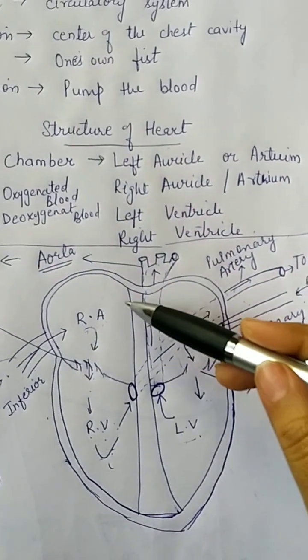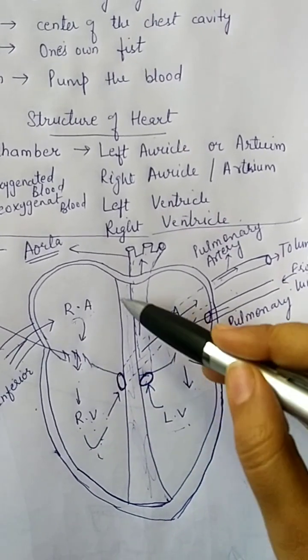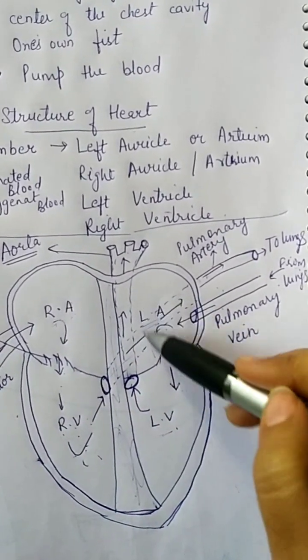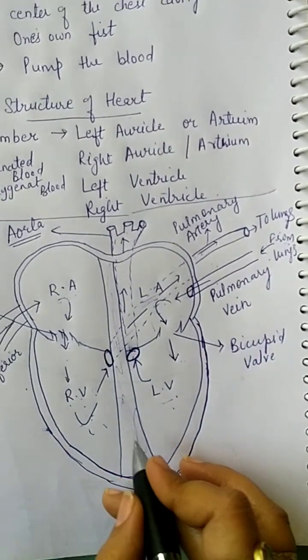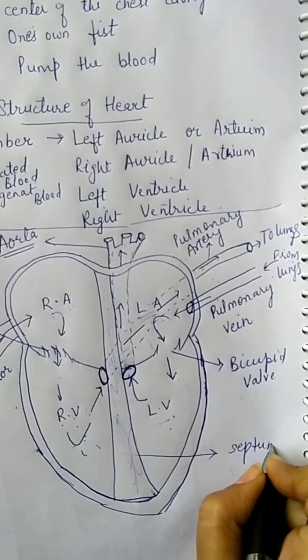Now, the muscular structure. This is the muscular structure which separates the right side of the heart from the left side of the heart. It is called the septum. Okay.